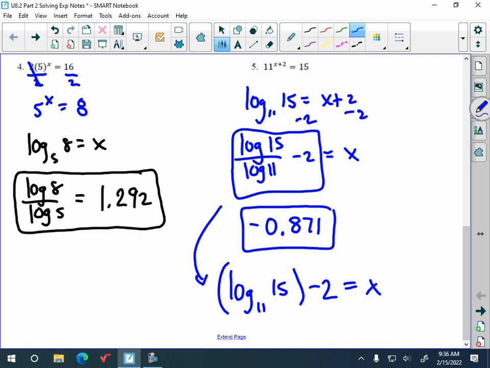So you're doing this log part first, and then minus 2. Just check on your calculator. Some of your calculators, if you're doing this, you may not need the parentheses. You just have to be careful that it doesn't try to make it 13. That's why I just throw the parentheses on there. But try both ways. You have your calculators. As long as you get this decimal, then it should be okay.